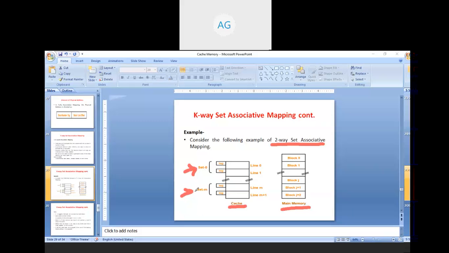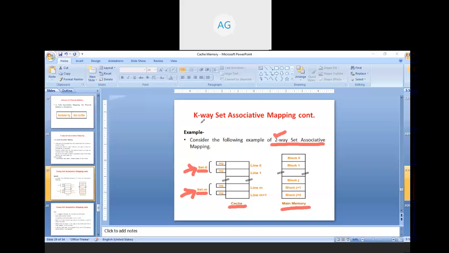The first set contains two blocks and is numbered as set 0. In the same way, the last set is numbered as set m. Why are we taking it as 2 in this case? Because we are taking a two-way set here. So the k basically represents the number.